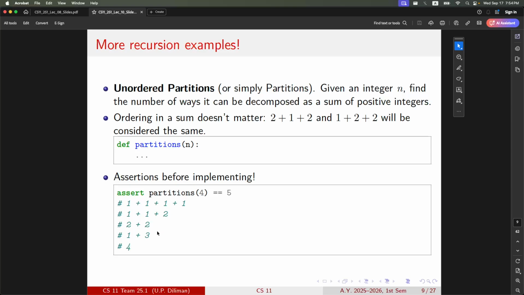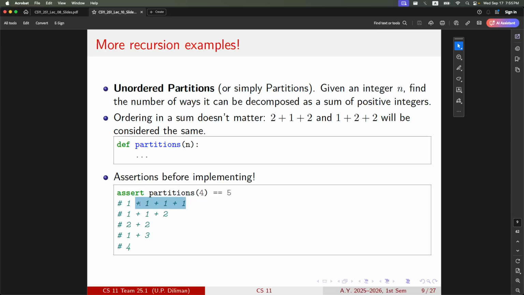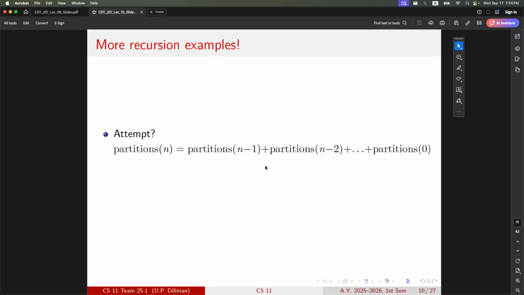So recursively, partitions of 3 with maximum 3 would be just this, and partitions of 3 with maximum at most 2 would be these, right? So you can see how it works.